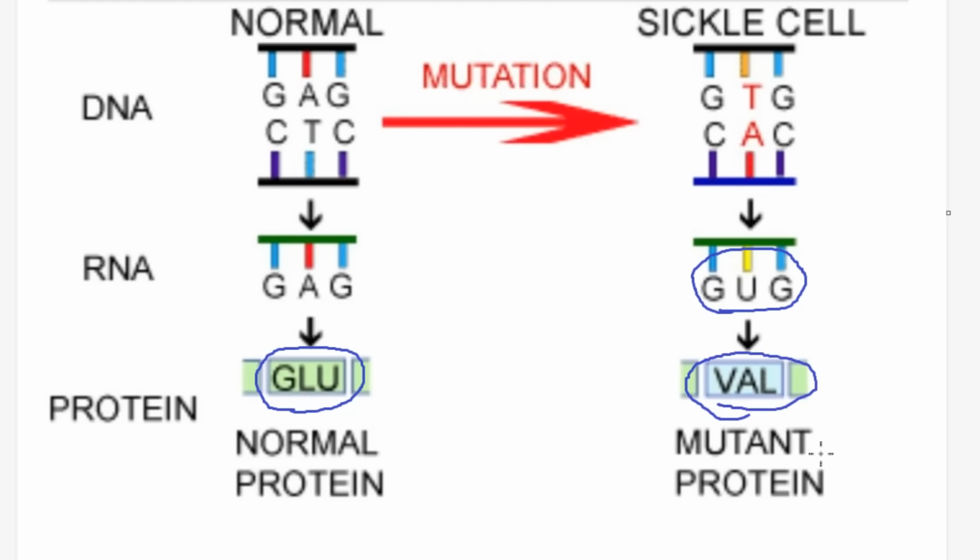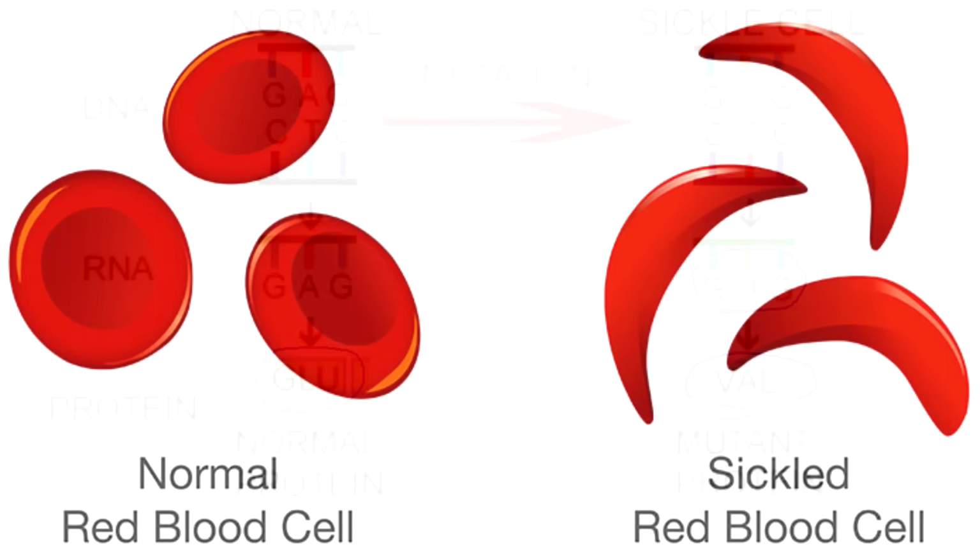This rogue amino acid is actually going to change the entire shape, the entire form of the protein that is supposed to be hemoglobin. And as a result, the shape of the red blood cell is going to change, and thus the function of it will also be affected.